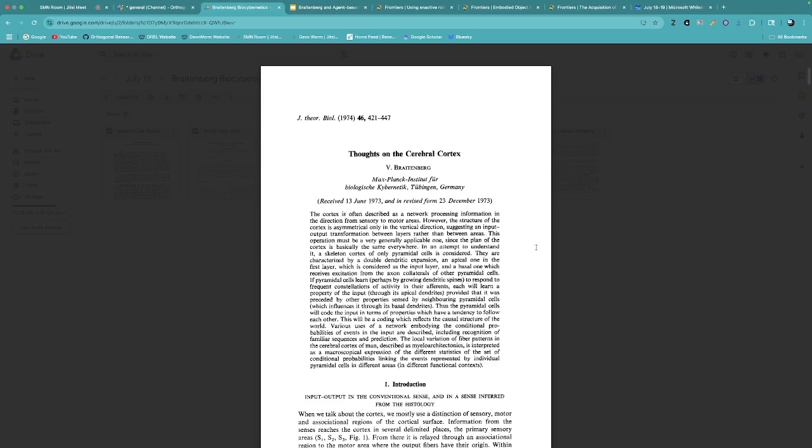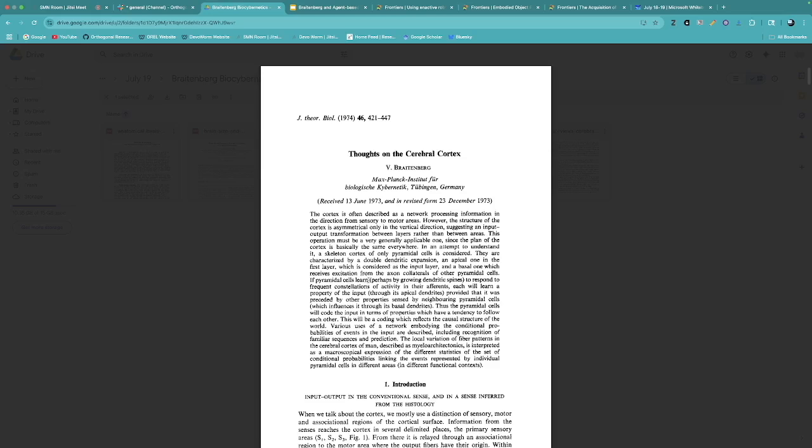So in an attempt to understand it, a skeleton cortex of only pyramidal neurons is considered. They are characterized by a double dendritic expansion, an apical one in the first layer, which is considered as the input layer, and a basal one which receives excitation from the axon collaterals of other pyramidal cells. So when he talks about layers, he's talking about the layers of cortex going from 1 down to 6 and coming back up. That's what he's getting at with this.